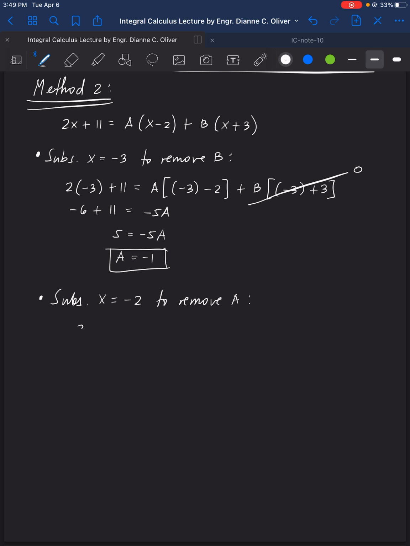So we have here 2 times negative 2 plus 11 is equal to a times (negative 2 minus 2) plus b times (negative 2 plus 3), then cancel out here. It should be positive 2, sorry. So it should be positive 2.